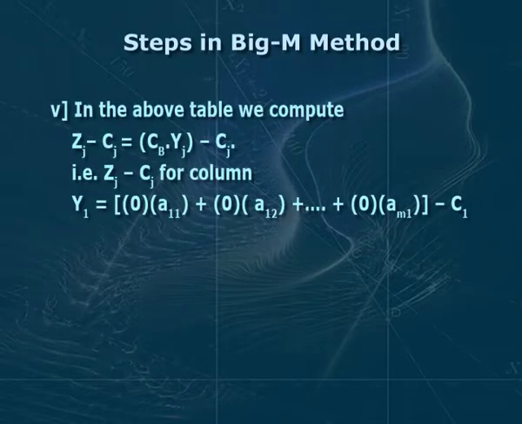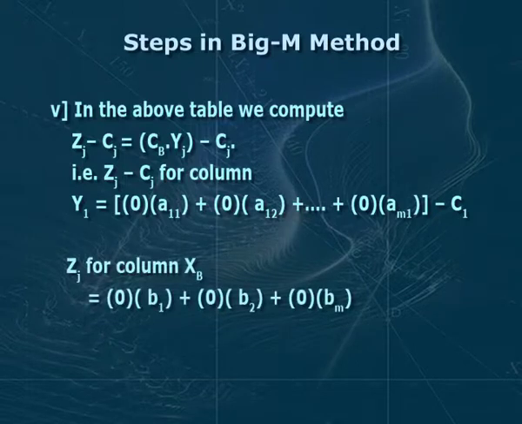Step 5. In the above table, we compute Zj minus Cj, which is equal to Cb into Yj minus Cj. That is, Zj minus Cj for column Y1 equals 0 into A11 plus 0 into A12 up to plus 0 into AM1 minus C1, and Zj for column Xb equals 0 into B1 plus 0 into B2 plus 0 into Bm and so on.